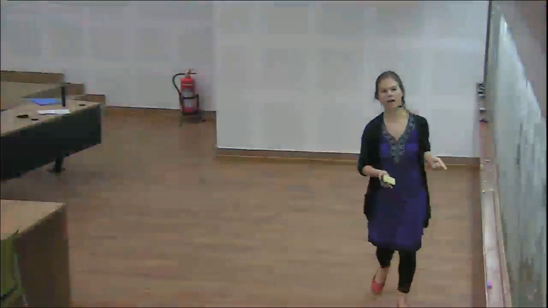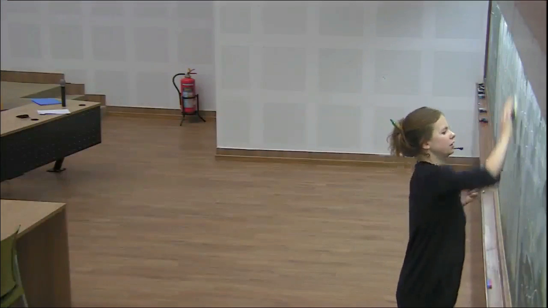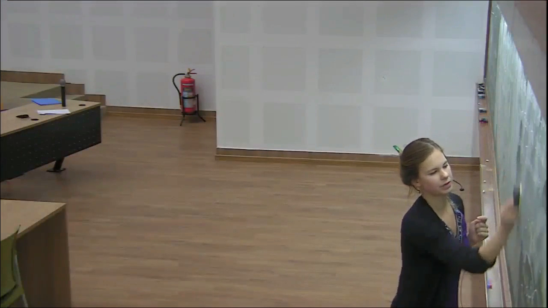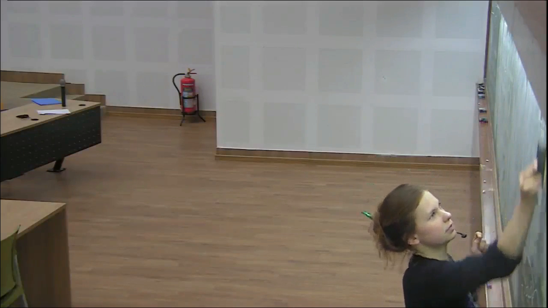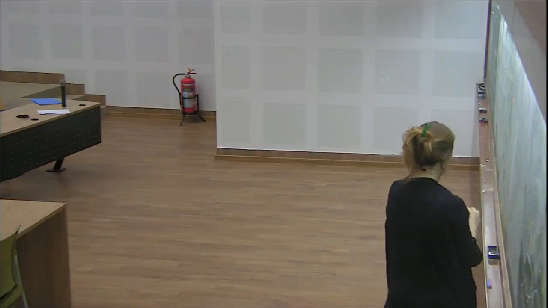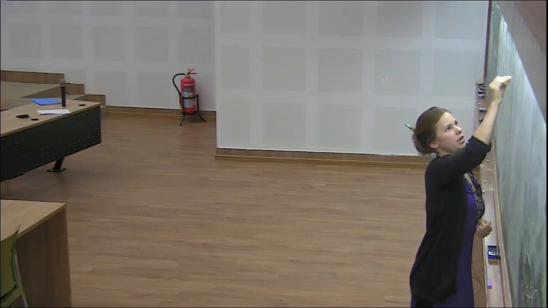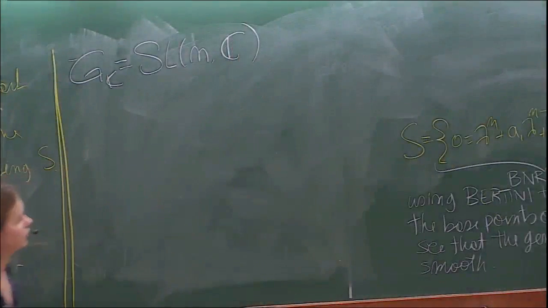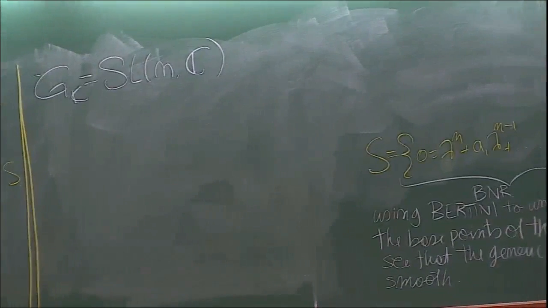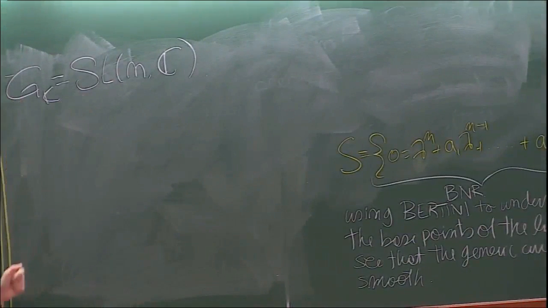What happens, for instance, if we look here at the special linear group? If you look at G_C being the special linear group, SL(n,C), what are the conditions that we mentioned yesterday and that Richard mentioned for us that give us SL(n,C) Higgs bundles?